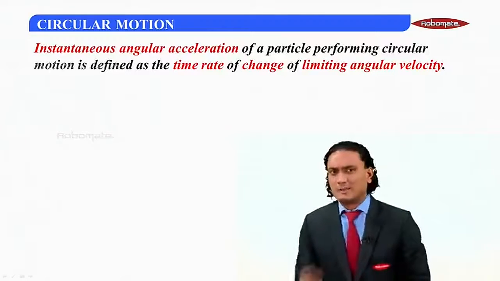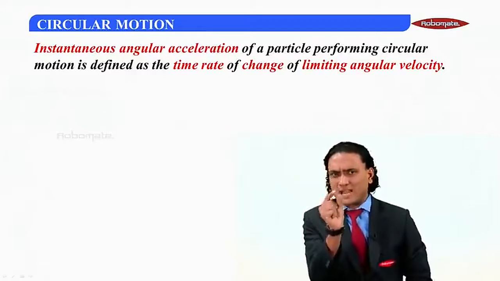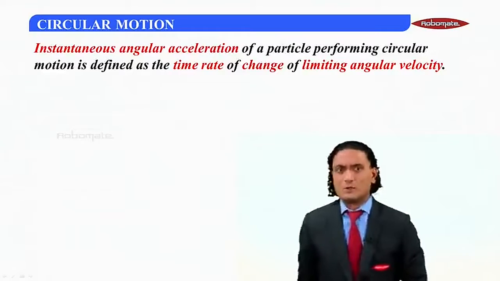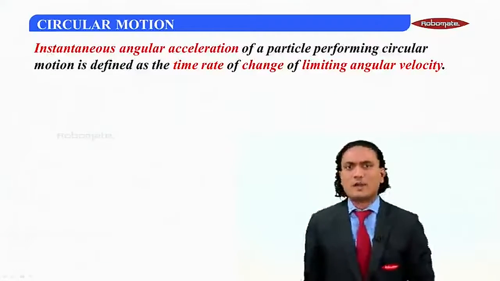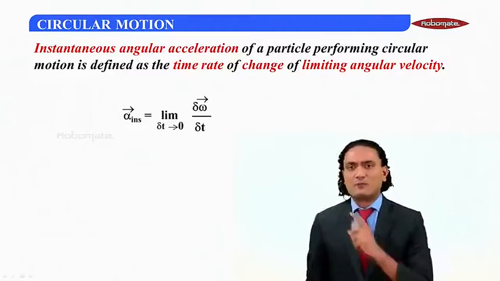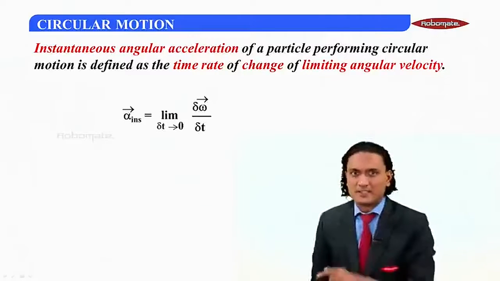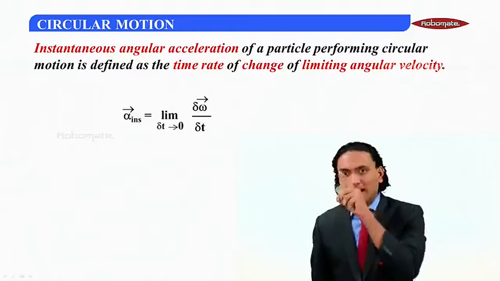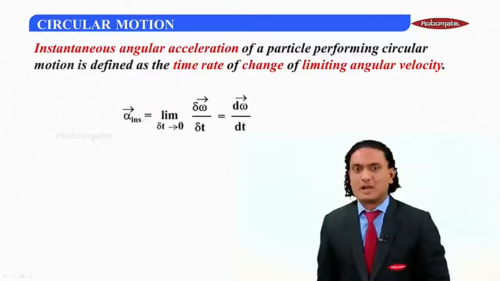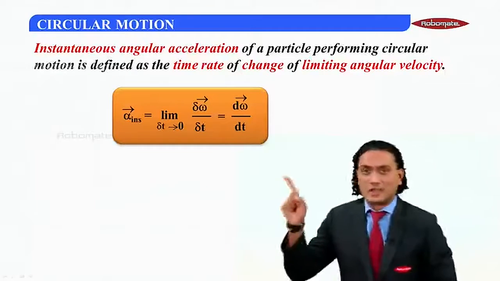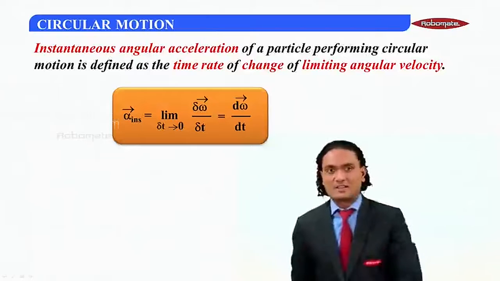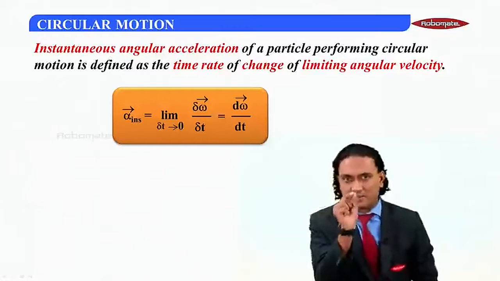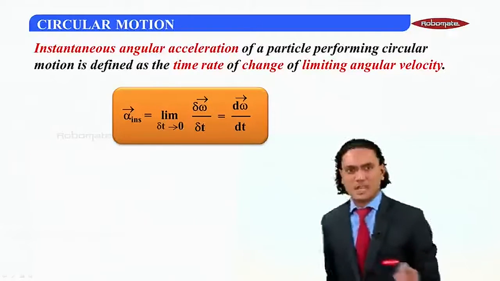Limiting angular velocity means a very small interval of time, and delta t tends to 0. So what is the formula for instantaneous angular acceleration? Alpha instantaneous is nothing but limit delta t tends to 0, delta omega upon delta t, which is nothing but d omega by dt. This we take when the time interval is very, very small. Is that clear to you?